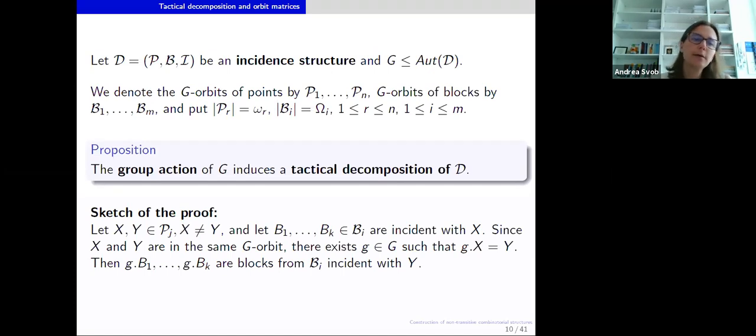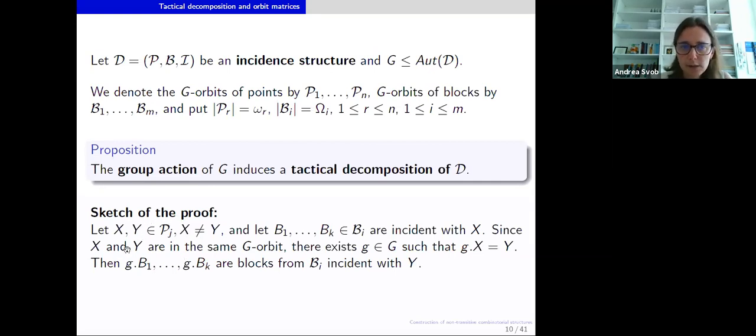So if we take 2 different points x and y from one class of the partition of the points, and let B1 up to Bk be the blocks that are incident with the point x. Since x and y are in the same G orbit, because they are in the same class of the partition of points, and we have a group action, so our partitions are G orbits.